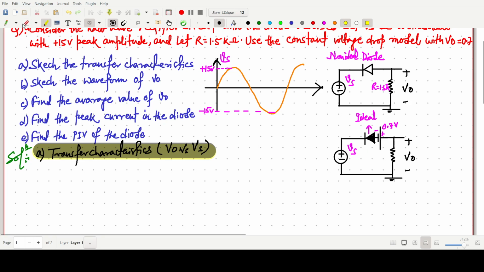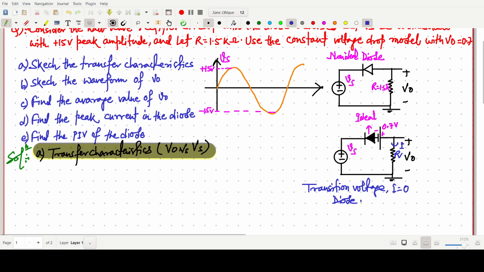First of all we have to identify during what time the diode is on or off. For such a situation, we first have to find out the transition voltage. Here the resistance is R, and the current I in the circuit will be 0 for the transition voltage calculation, when the diode is just on.